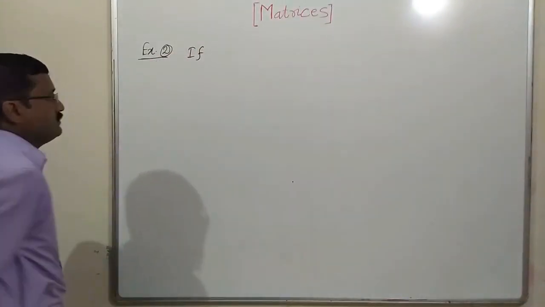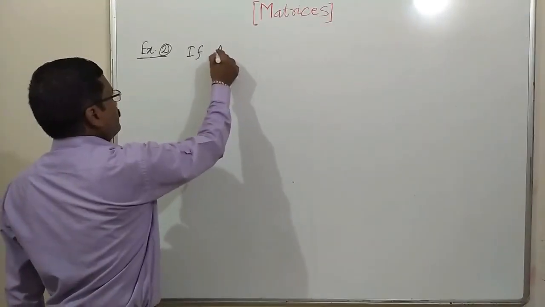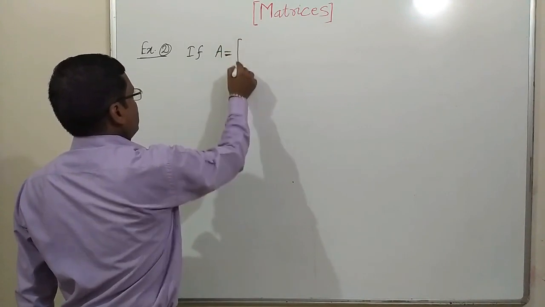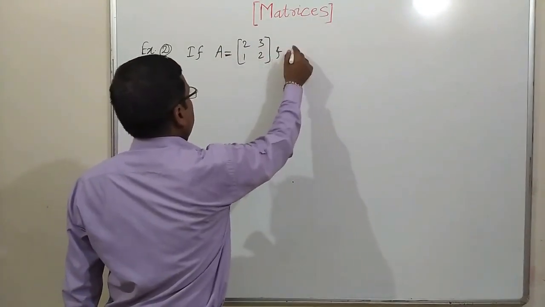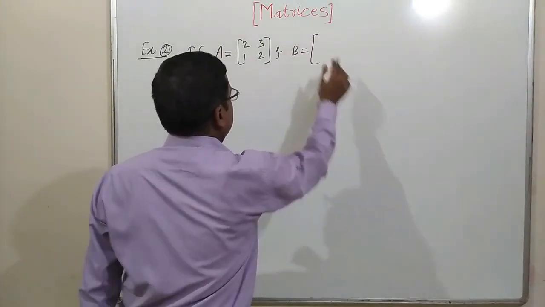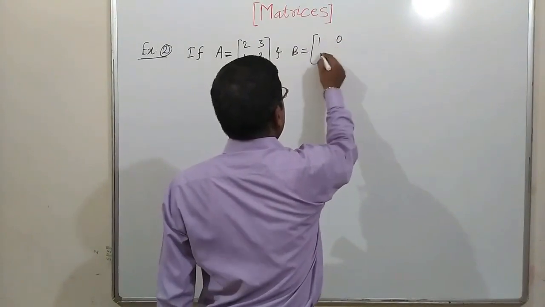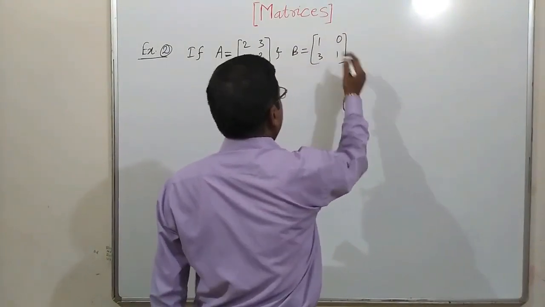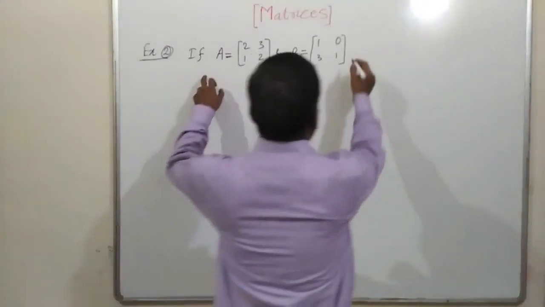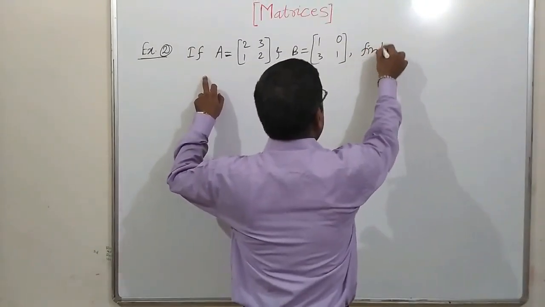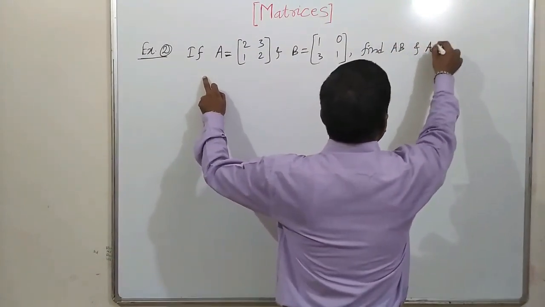If matrix A is 2 3 1 2, and matrix B is 1 0 3 1, then find AB and AB inverse.